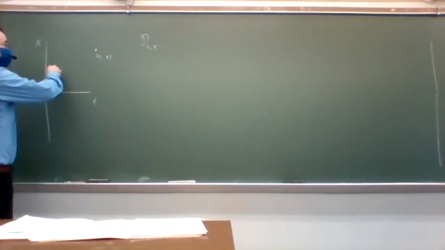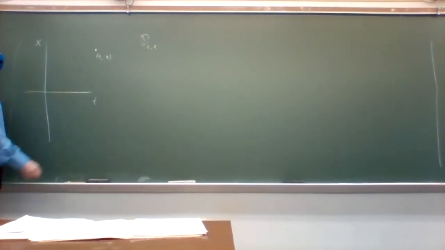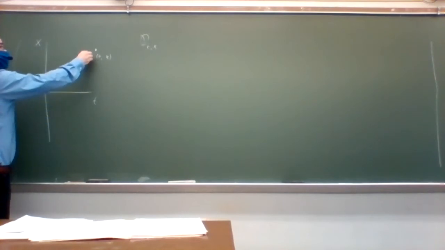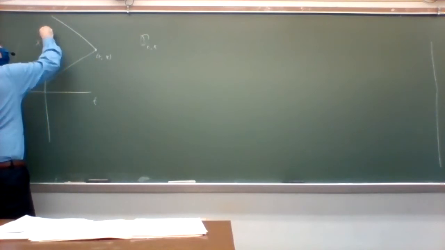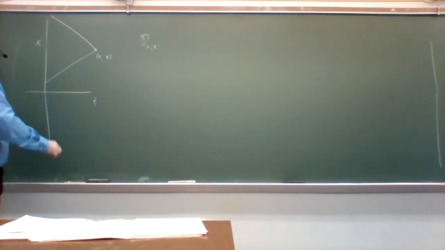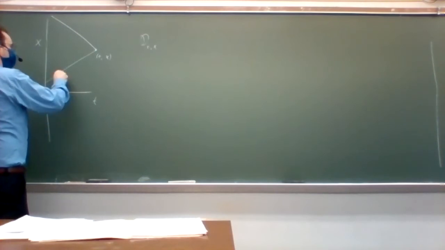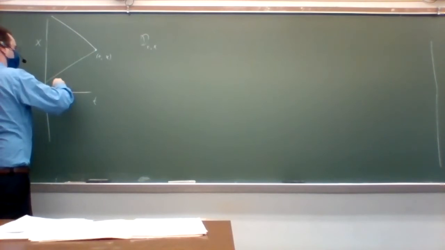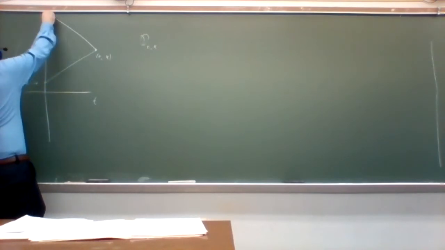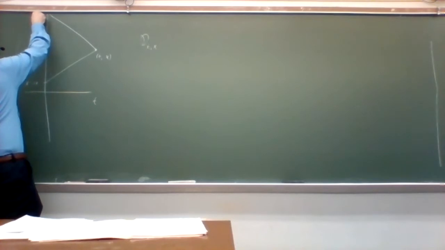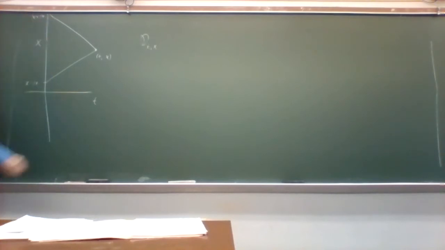Based on that description, you could probably define this yourself. The idea is you look at these characteristic lines, starting here at x minus ct and going up here at x plus ct.